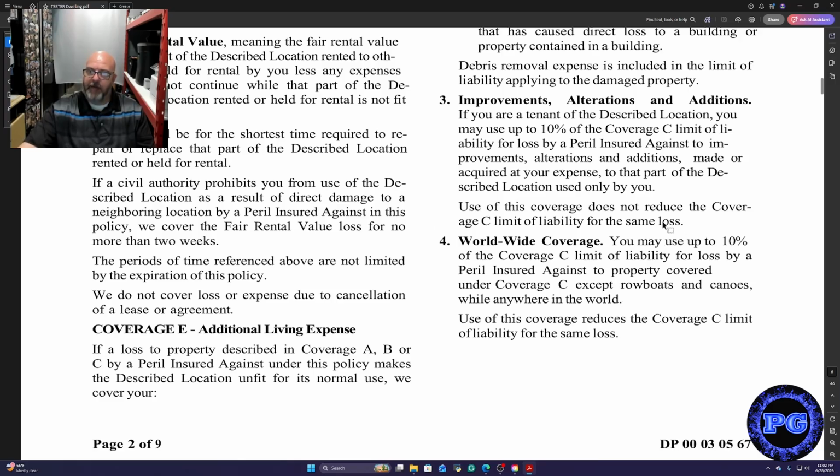So you have, it's typically just on the premises, but what does this say? You may use up to 10% of that, as long as it's a peril that's listed and it's not on a rowboat or a canoe, well, anywhere in the world. So you get 10% of that.